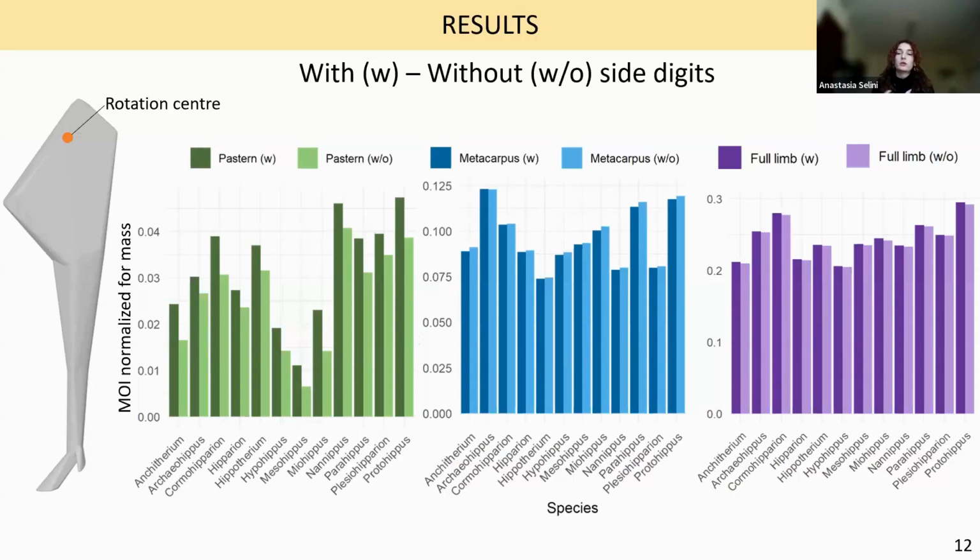Lastly, when we took into account the full limb moment of inertia, we saw only small differences between the models with and without side digits, but pairwise comparison of the differences showed significant results. The biological significance of these differences, however, should be further researched.